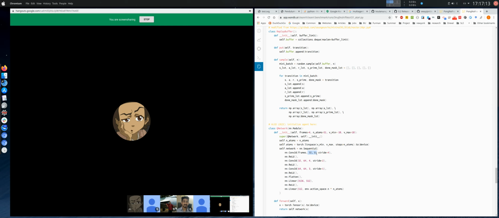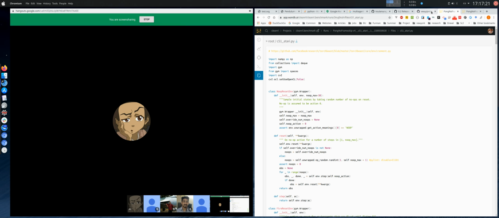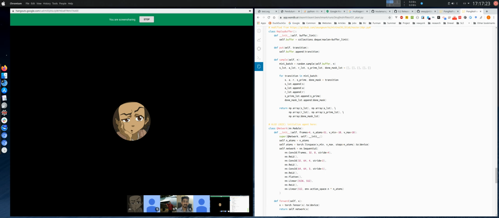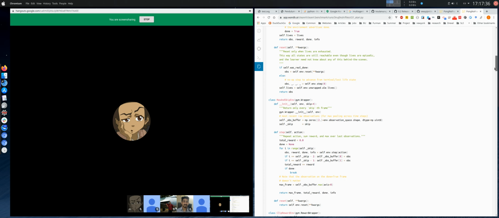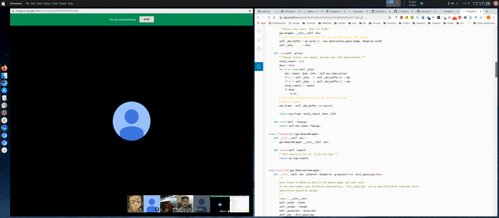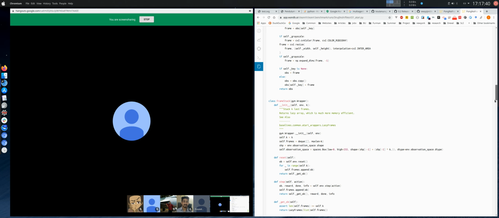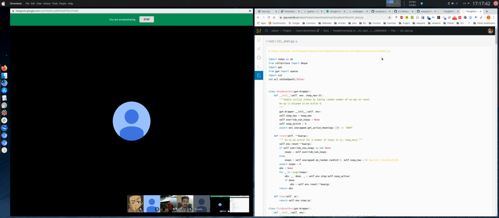And the reason is that it doesn't use long short-term memory, so the agent has no way of remembering, for example, where the pawn is going, which direction it is heading. So you actually need 4 frames to help the agent deduce the velocity and the direction that the pawn is going.